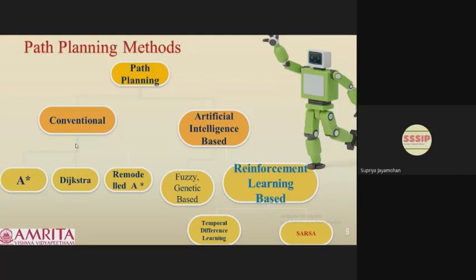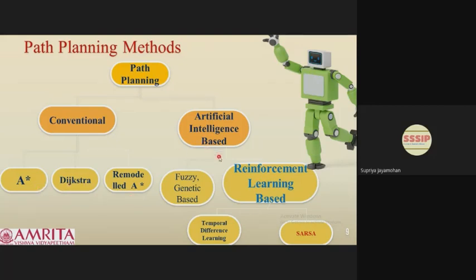So here I have presented a small classification starting from the various conventional methods like A-star, Dijkstra, remodel A-star. These are the conventional types of algorithms which most of us may be aware of, and if at all we are not aware, they are quite simple for us to implement also.